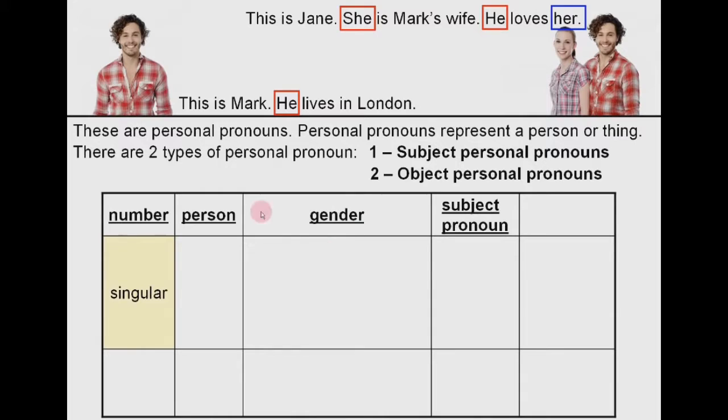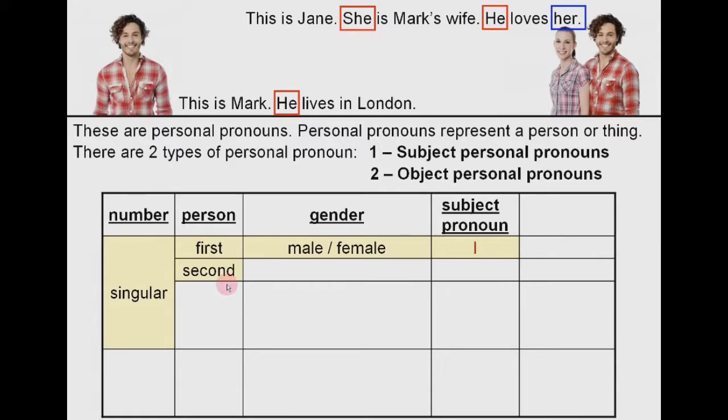Okay, so first of all, let's look at the singular, first person, and the first person can be male or female. And the subject pronoun is I. So the first person singular is I. Second person singular, which can be male or female, is you.